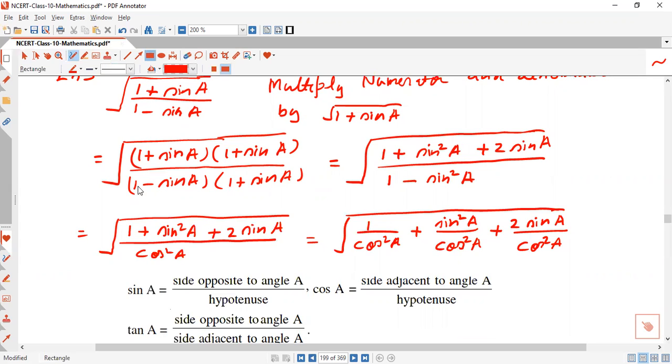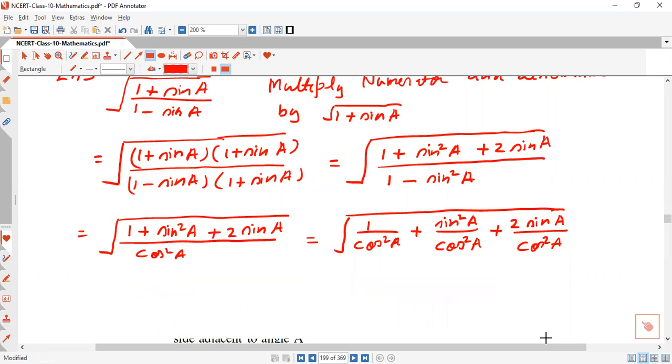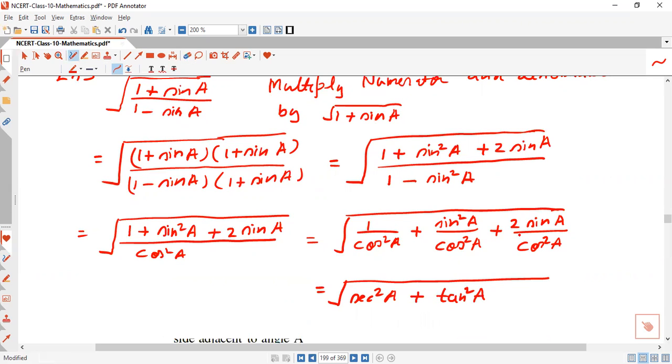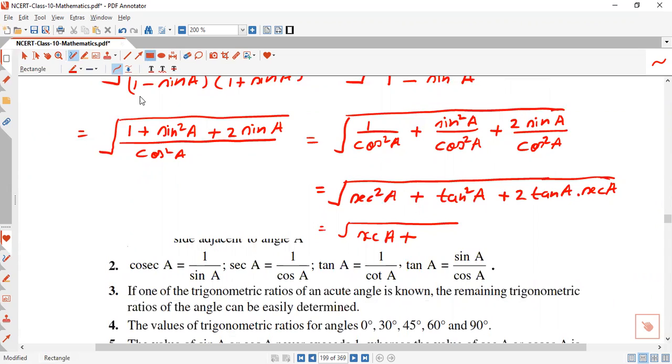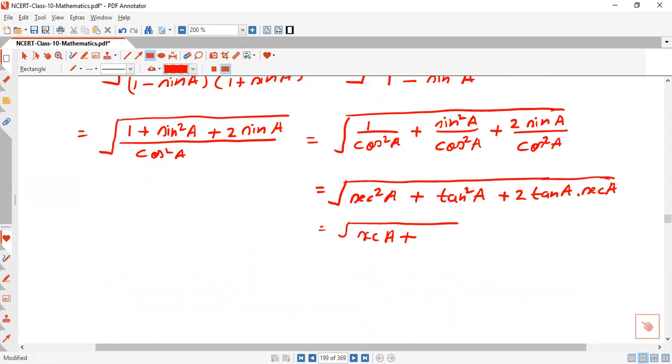So inside this bracket, under the root, 1 upon cos square A becomes sec square A, sin square A upon cos square A becomes tan square A, and 2 sin A upon cos square A becomes 2 times tan A sec A. So inside the square root we have sec square A plus tan square A plus 2 tan A sec A, which is sec A plus tan A whole square.